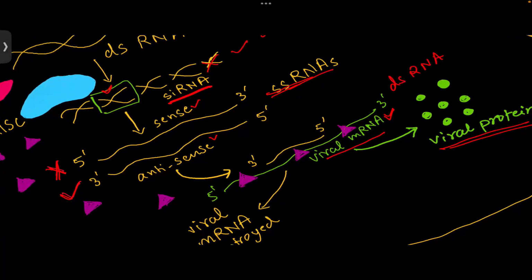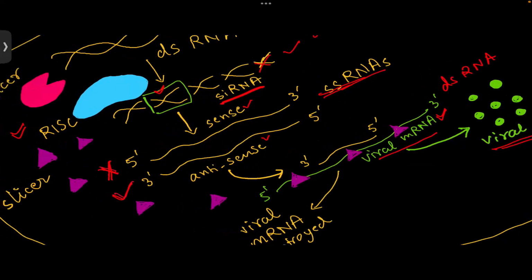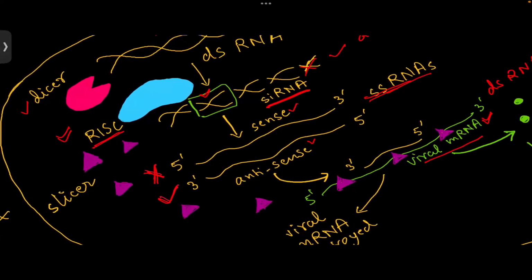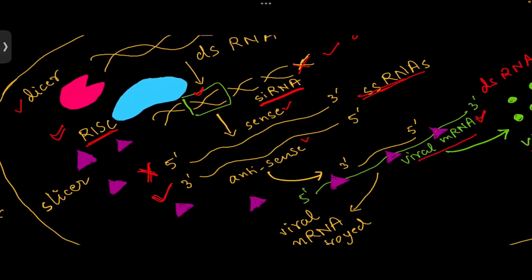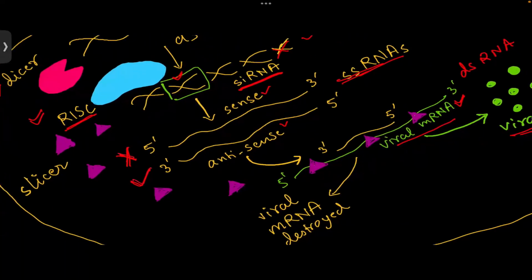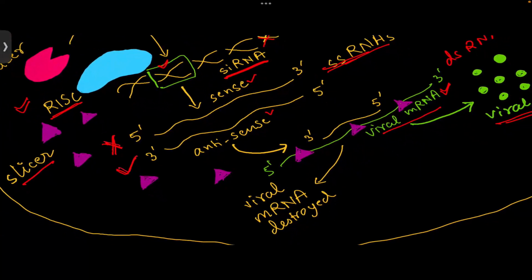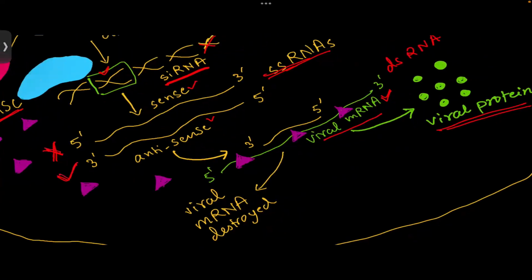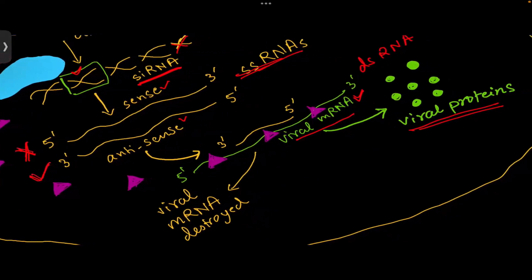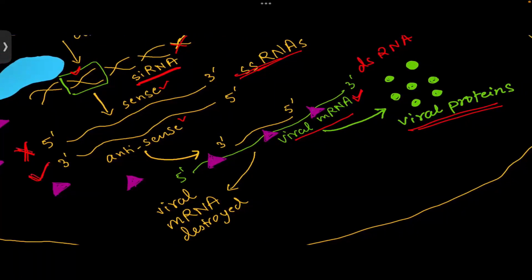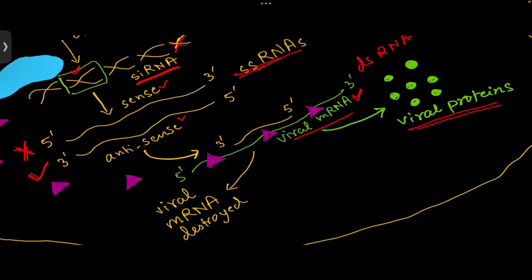Once it's formed, the RISC complex is again alerted. Since it is a complex of enzymes, it releases a group of enzymes called slicer enzyme, which are pink in color. This slicer enzyme goes and binds to this double-stranded RNA consisting of one viral mRNA and antisense RNA from the siRNA molecule.